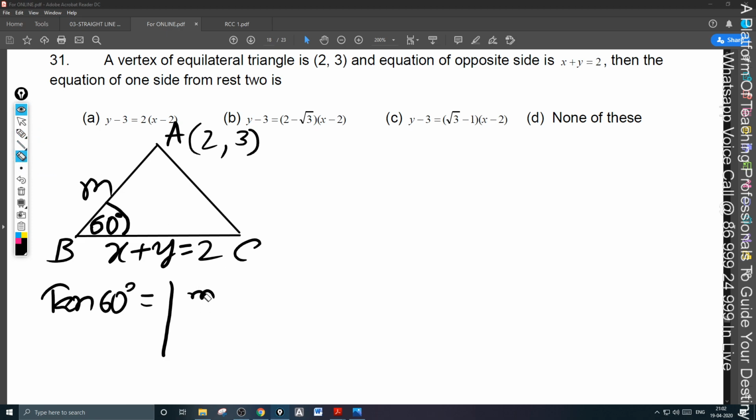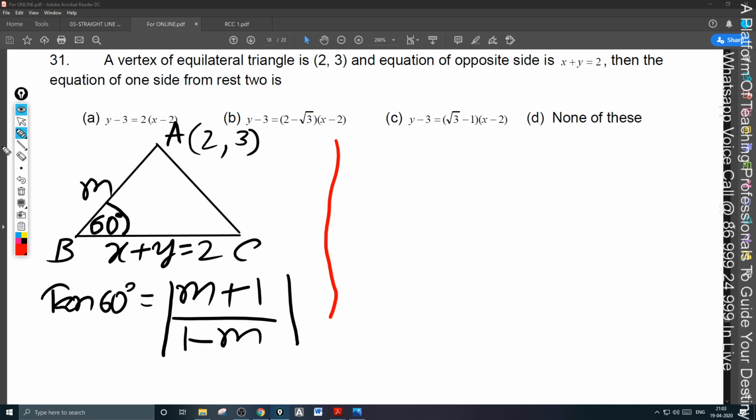What is m1 there? We have taken it to be m. m2, the slope, is minus 1. So m1 minus m2 becomes m plus 1, divided by 1 plus m into minus 1, so 1 minus m. Now let us write tan 60. Tan 60 value everyone knows is root 3.